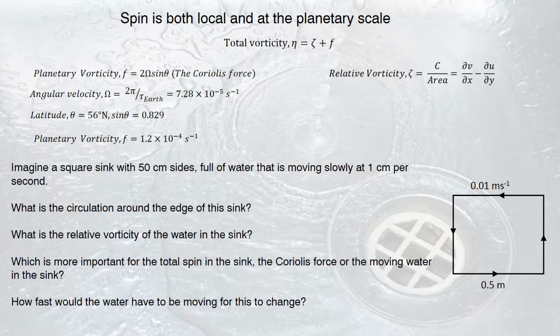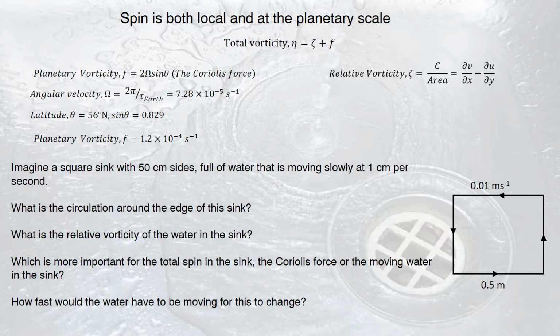So what I could do is ask how big I have to make it to make my relative vorticity the same size as the planetary vorticity. Squiggle, which is zeta, is the relative vorticity.